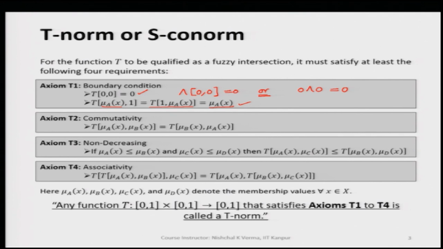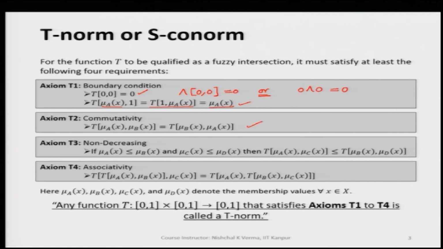This is the commutativity property of the T norm. When we have two membership values, T of mu A x and mu B x, this can also be written as T of mu B x and mu A x, meaning the order can be interchanged.